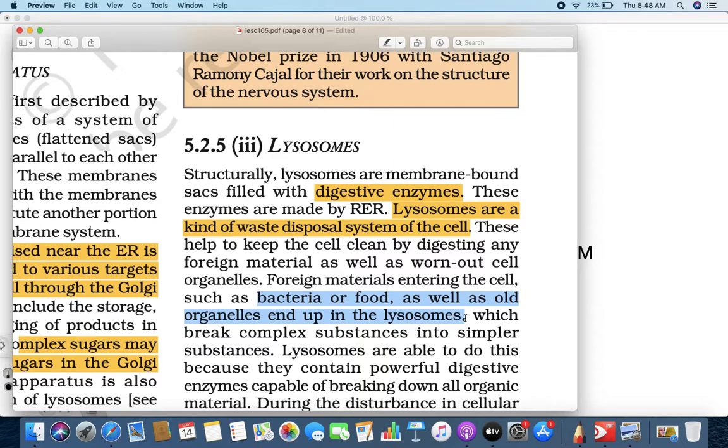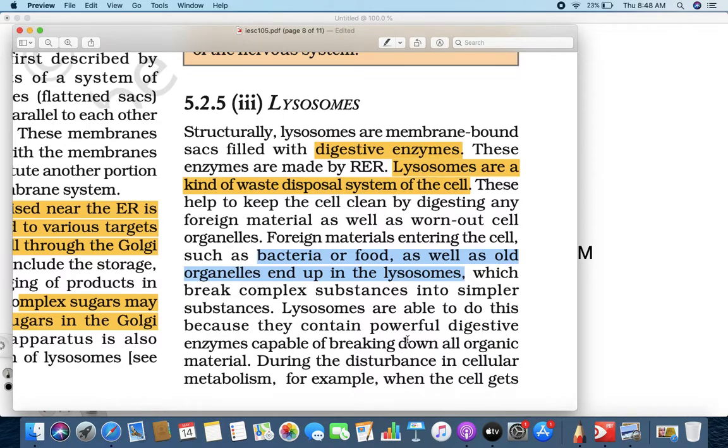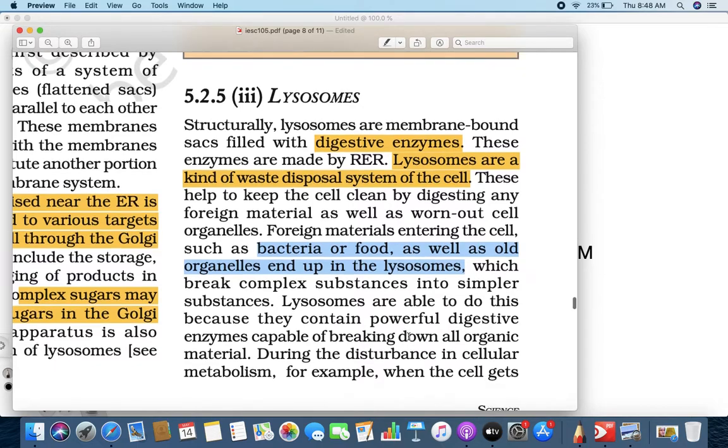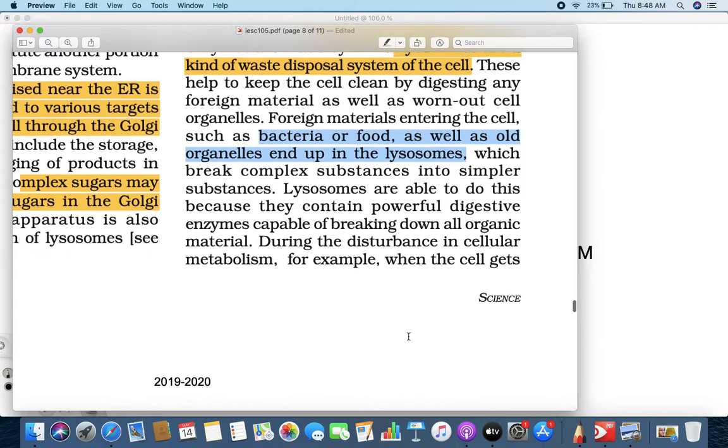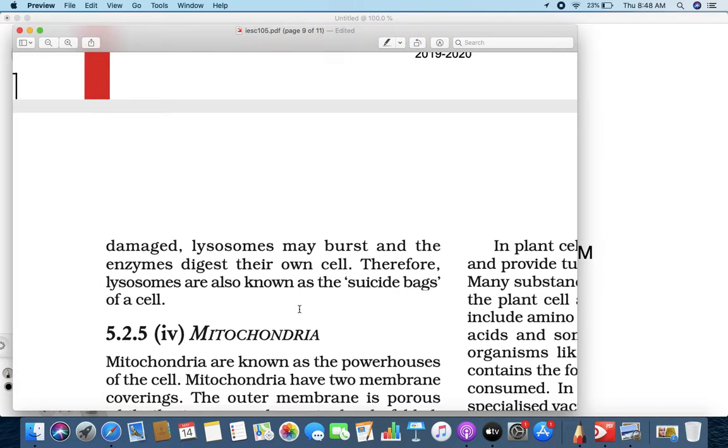So, what is the role of a lysosome? Lysosomes clean the cell by digesting foreign material like bacteria or food or even old organelles into simple substances so that they can be reutilized. Lysosomes have powerful digestive enzymes capable of breaking down organic material, right? Now, sometimes what happens is during this process, suppose the cell gets damaged by some means.